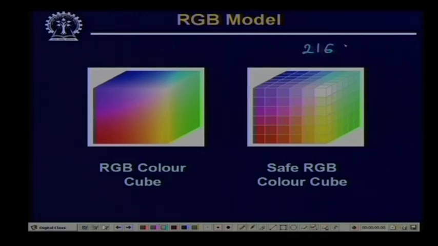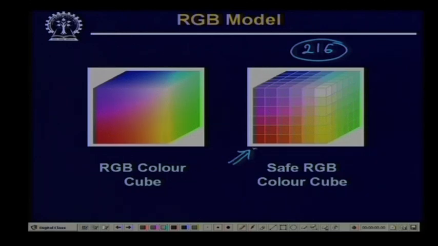These 216 colors can be generated by having 6 different shades in red, 6 different shades in green and 6 different shades in blue. So, on the right hand side we have drawn a safe RGB color cube.